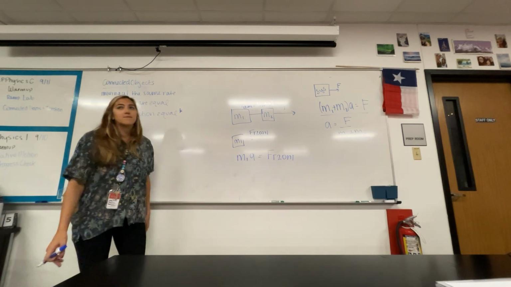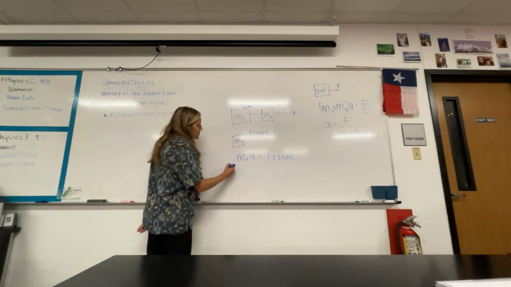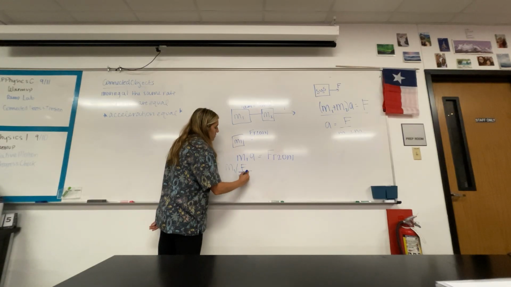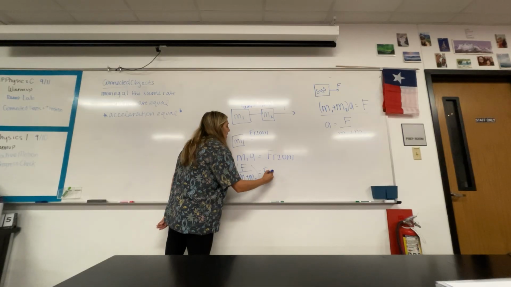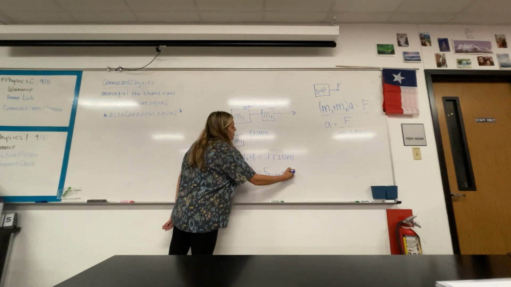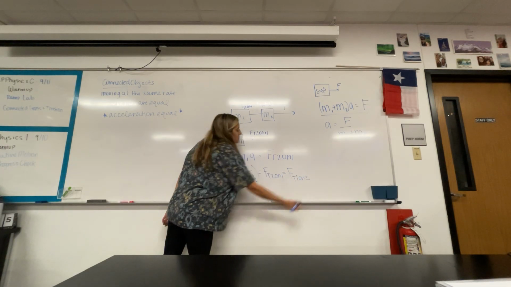If I have to look at the box in the middle, sad. All right, all I have to do is plug in the acceleration, F over m1 plus m2. And that's the force of tension of 2 on 1, which is equal to the force of tension of 1 on 2.